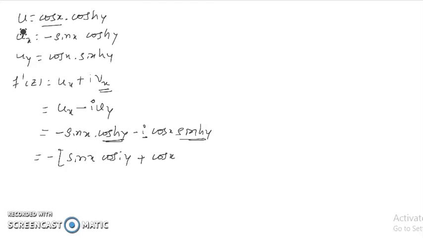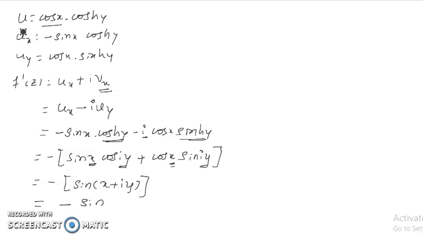The minus sign as it is, this is sin a cos b plus cos a sin b, which is nothing but sin of a plus b, that is x plus iy. So now we are getting minus of sin of x plus iy, which is nothing but z, so this is f dash of z.